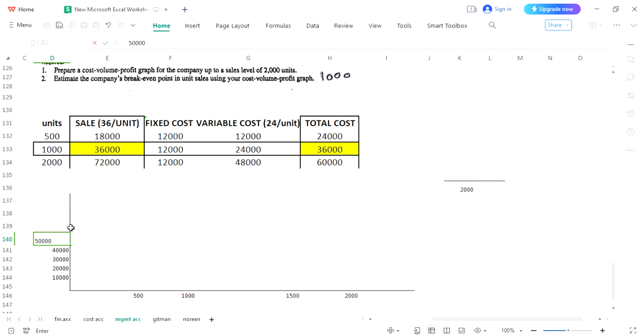We will go until we get the maximum, and the maximum is 72,000. So you will be writing 60,000 over here and then 70,000, 2,000 is the difference, and you will write 80,000 for the next. So this is the way of making a graph.